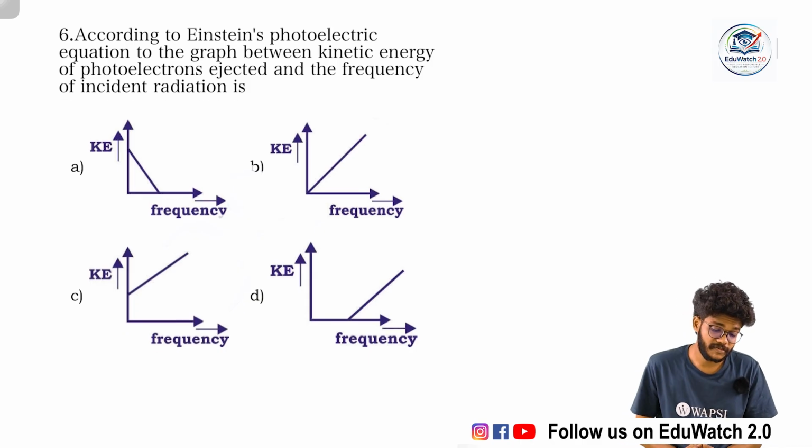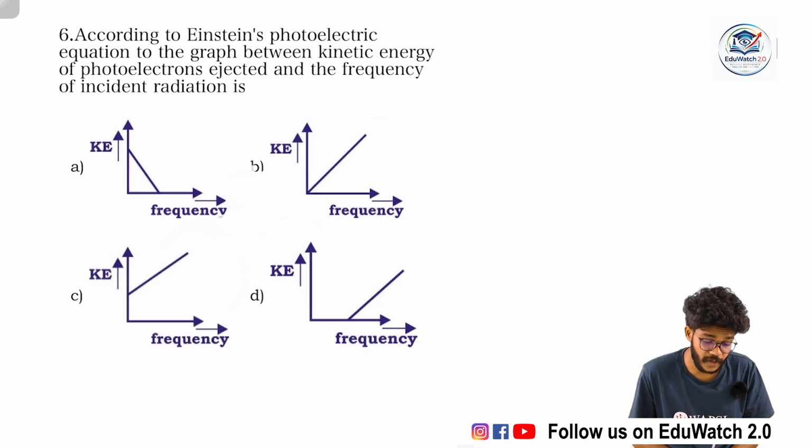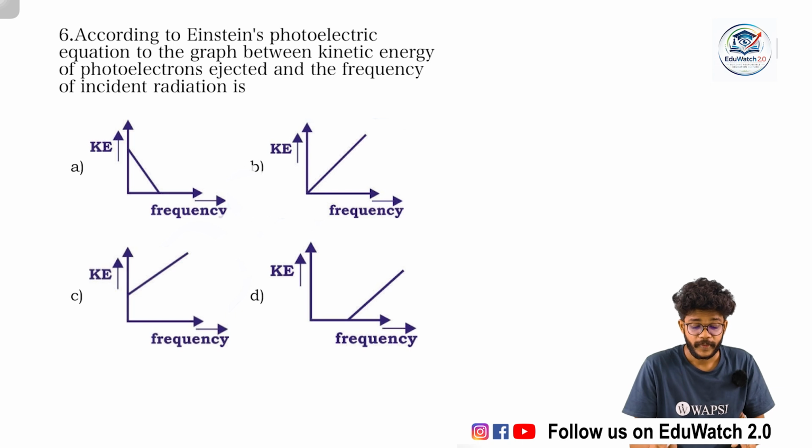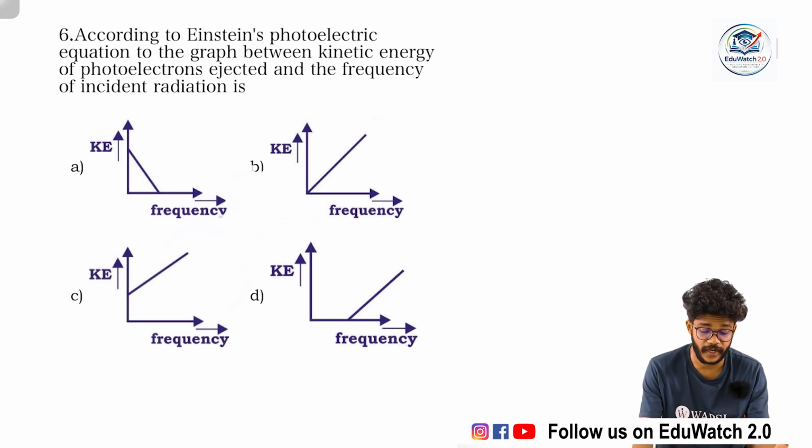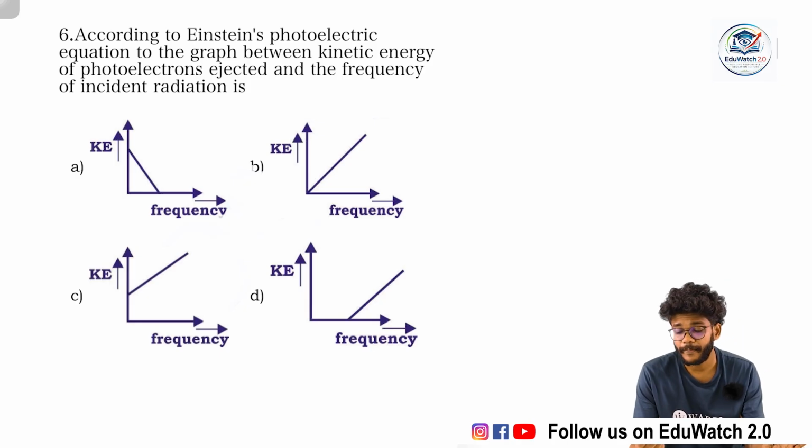According to Einstein's photoelectric equation, the graph between kinetic energy of photoelectrons ejected and frequency of incident radiation. So they are asking us to find which graph is the correct graph relating frequency and kinetic energy. We know what happens in the photoelectric effect.